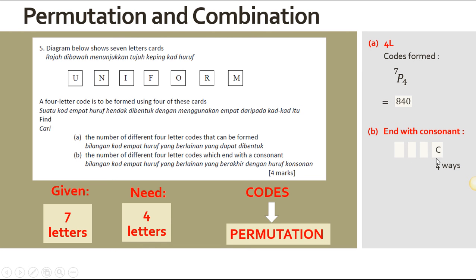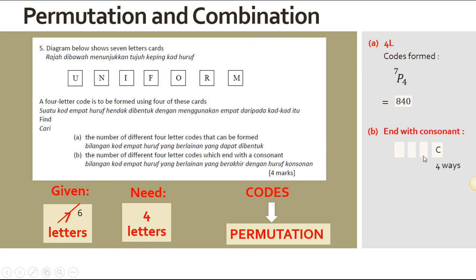What will be the arrangement for these first 3 letters? Before you start, you must remember that 1 letter has been chosen and placed at the end. If 1 is chosen, you now have, not 7, but 6 letters left.